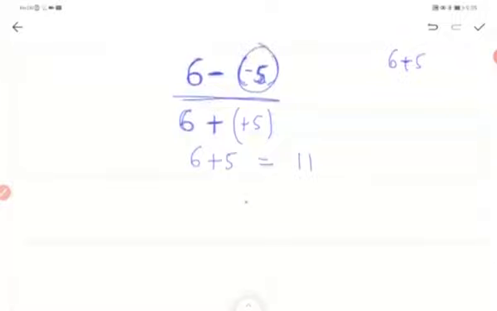Now if I take a number like subtracting minus 5 from minus 10, this is subtracting a negative integer from a negative integer. So I have two negative integers and I am subtracting them.